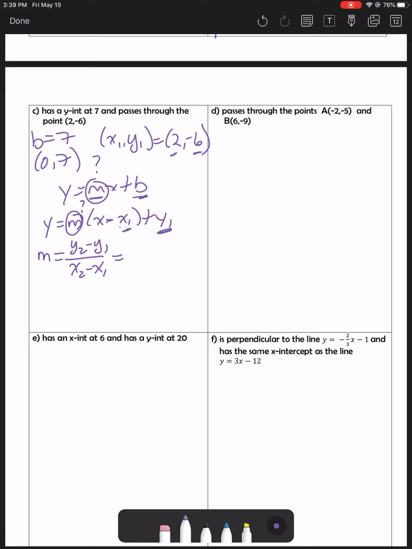So let's just call the y-intercept x2 and y2. So then we've got 7 minus negative 6 over 0 minus 2, which equals 13 over negative 2.